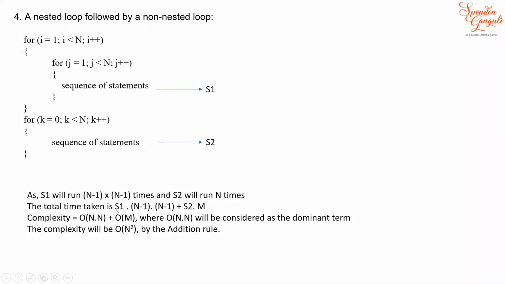So the total time taken is S1 dot n minus 1 dot n minus 1 plus S2 dot n. Sorry, it will be n. So complexity will be big O n dot n plus big O n, where big O n dot n will be considered as the dominant term. So the complexity will be big O n square, leaving big O n.